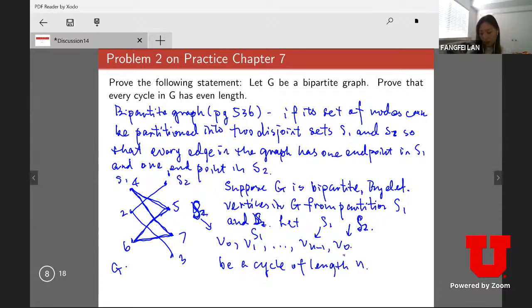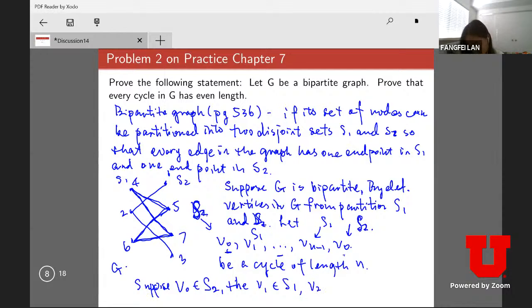We have even indices. So you can imagine that, like we said, suppose that V0 is in S2, then V1 is in S1, right?